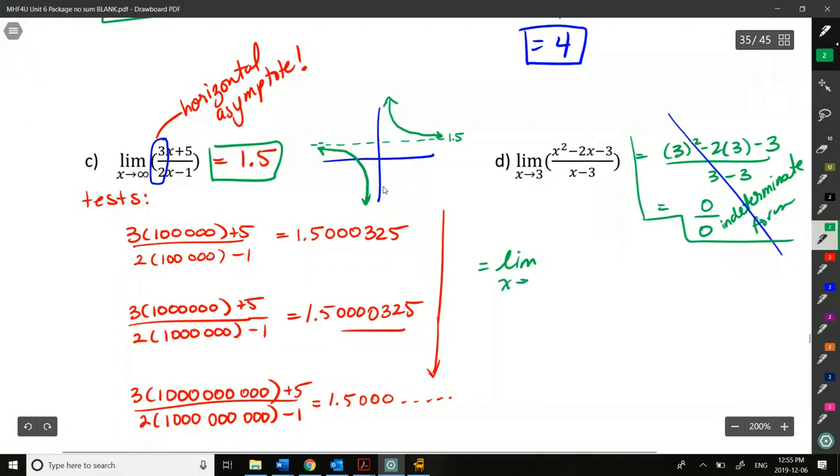What do you mean by solve the top? Factor? Okay, what two things multiply to negative 3 and add to negative 2? Okay, so x minus 3, x plus 1. And that's great because now we can cancel out the x minus 3's.